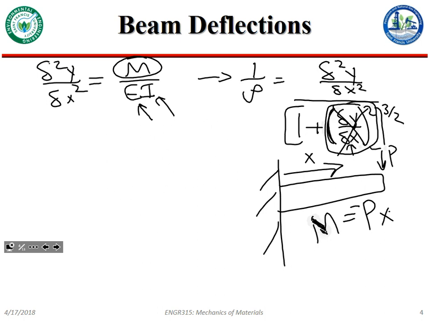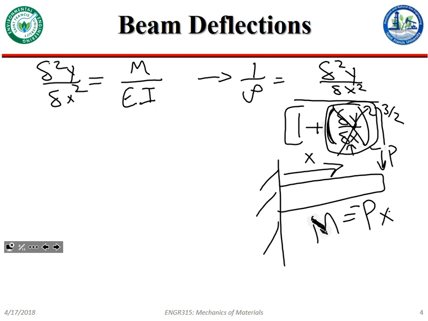It depends on what your load is. Like if you had a distributed load, we came out with a quadratic bending moment equation. But it's always going to be a function of distance along the beam, which reduces this to a calculus problem. Yay, calculus. Woo!